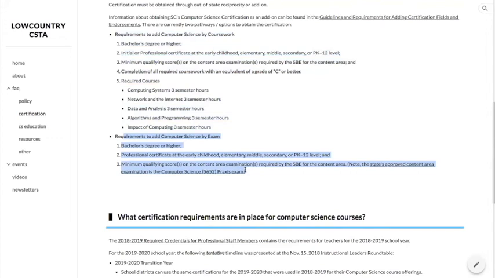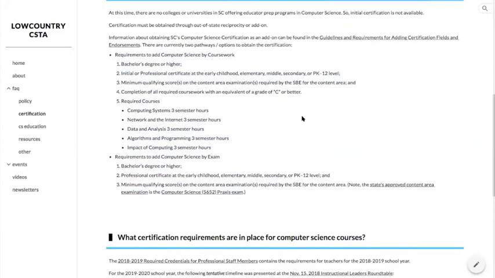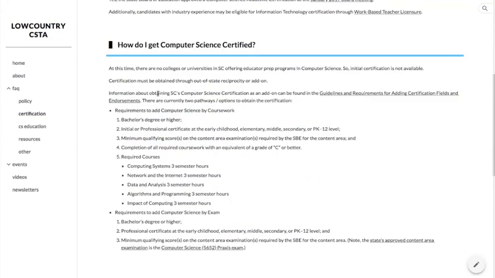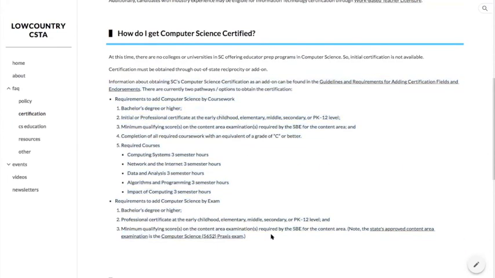Again, that's just a recommendation. No decisions by the State Department have been made in regards to certification or professional development beyond what is currently listed here about how to get computer science certified via add-on.